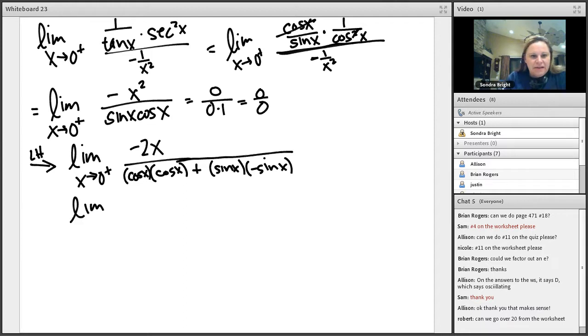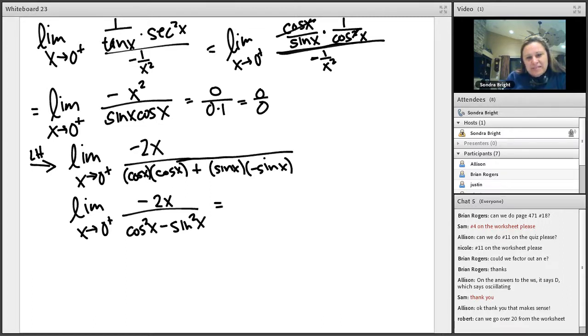That's the limit as x goes to 0 of negative 2x over cosine squared minus sine squared. Can I plug 0 in now? I would have a 0 on top, and on bottom, cosine of 0 is 1, and sine of 0 is 0.